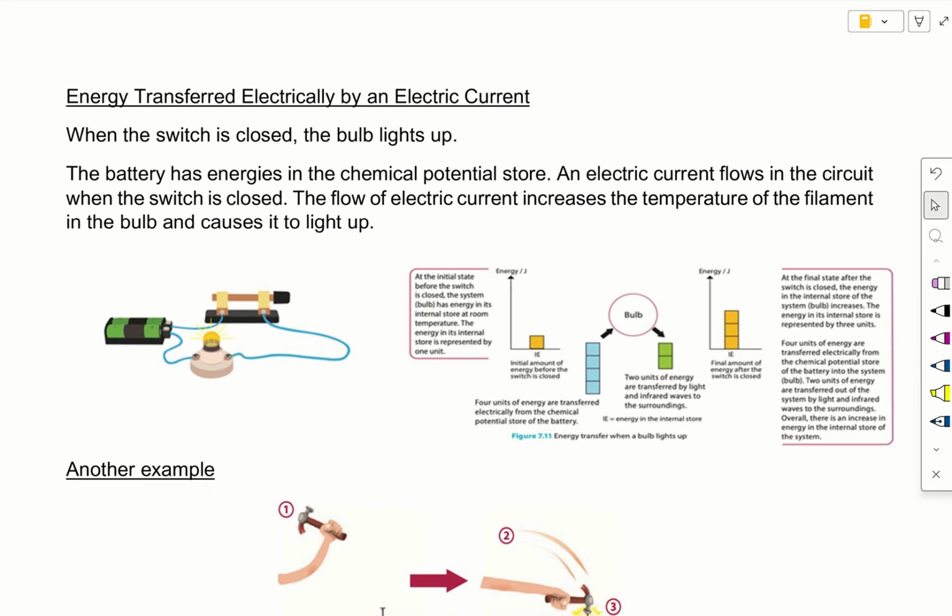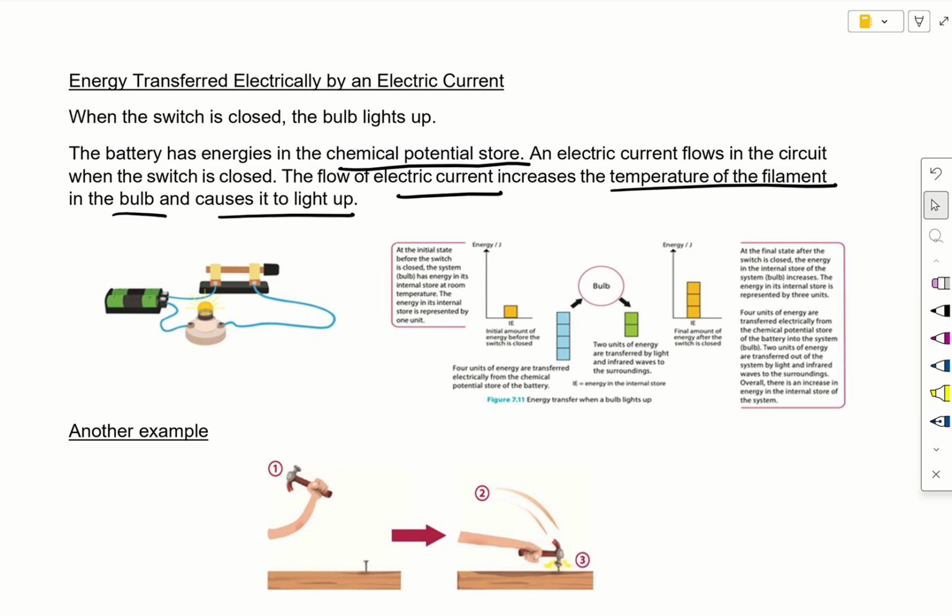Energy transferred electrically by electric current. When a switch is closed, the bulb lights up. The battery has energy in a chemical potential store. An electric current flows in the circuit when the switch is closed. The flow of electric current increases the temperature of the filament in the bulb and causes it to light up. So now the system is the bulb.